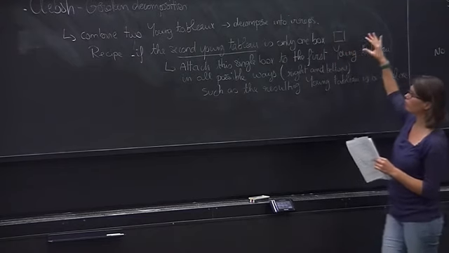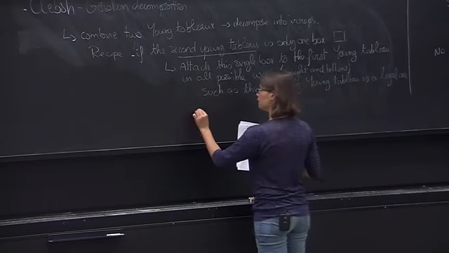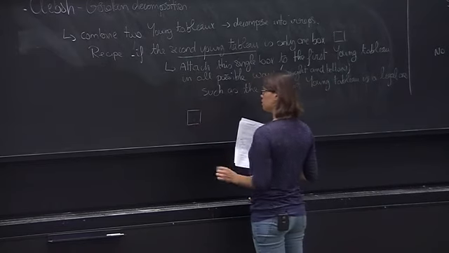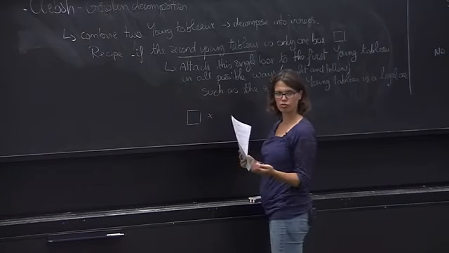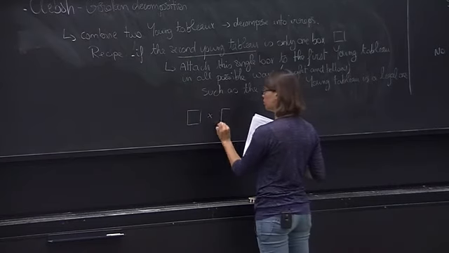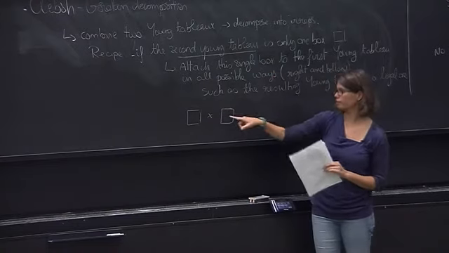But let's go to the example we started with. I told you that the tensor of rank 2 can really be seen as just the tensor product of two vectors, the way it transforms. So this means that we have combined these two.